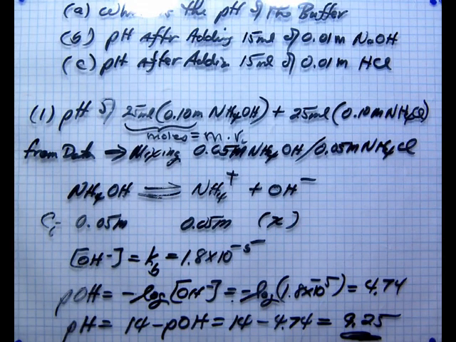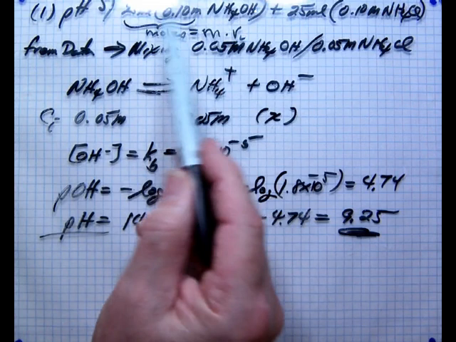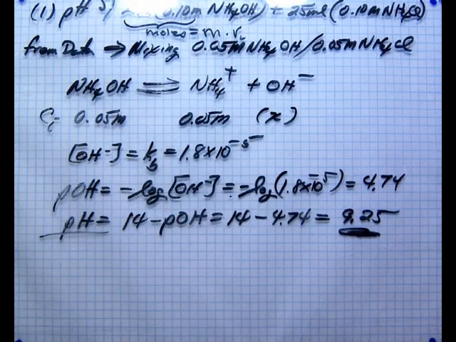in liters, divided by the new total volume you have to deal with, which is 65 milliliters now, and set up an entirely new equilibrium, like you're starting with a new base salt equilibrium. Let's start out and compute what our new ammonium hydroxide concentration is going to be when we drop 15 milliliters of solvent on it. Okay?